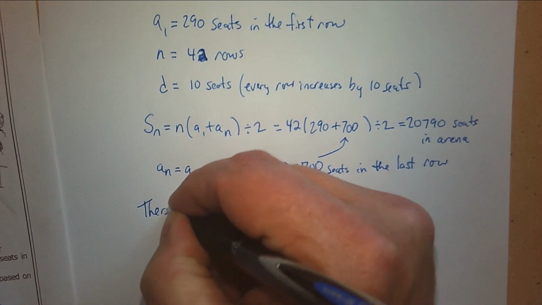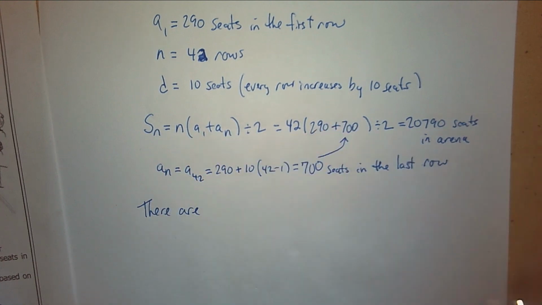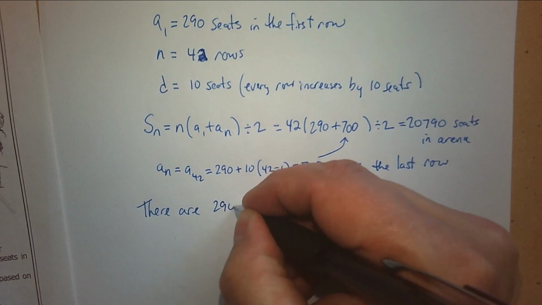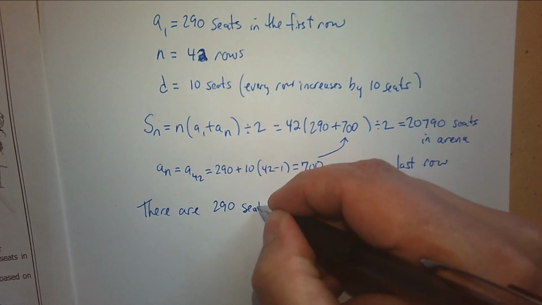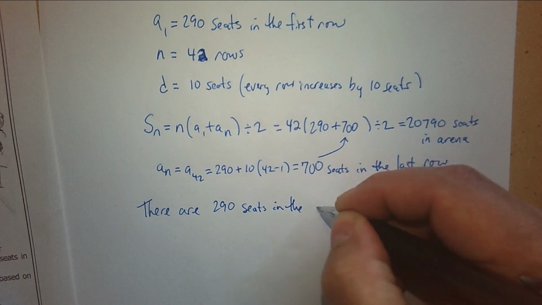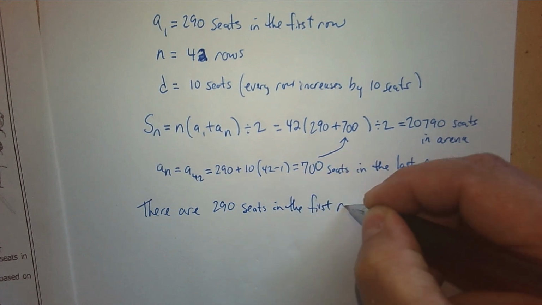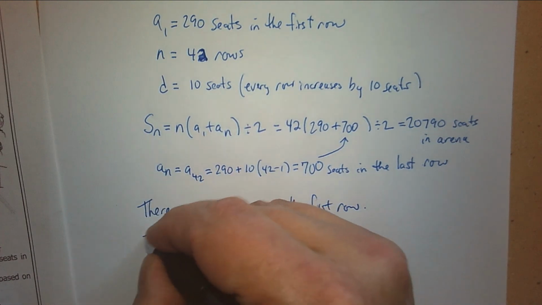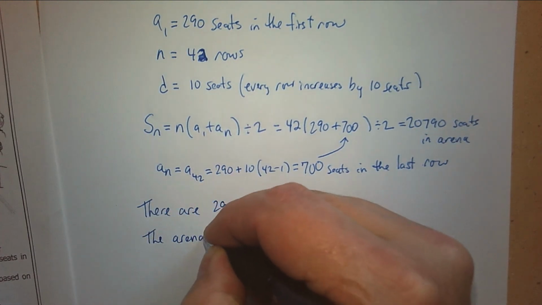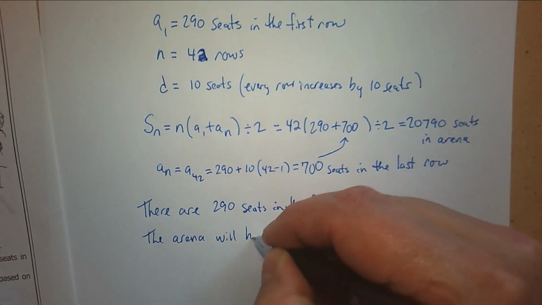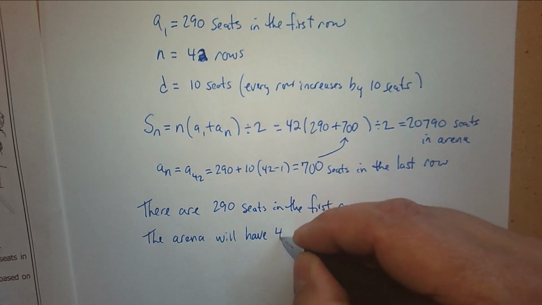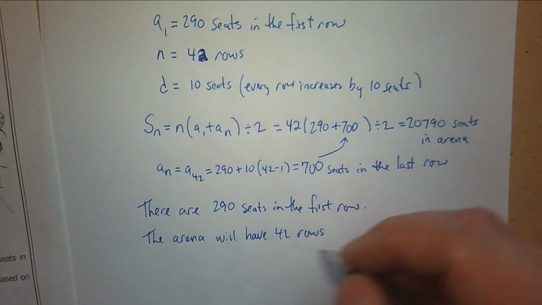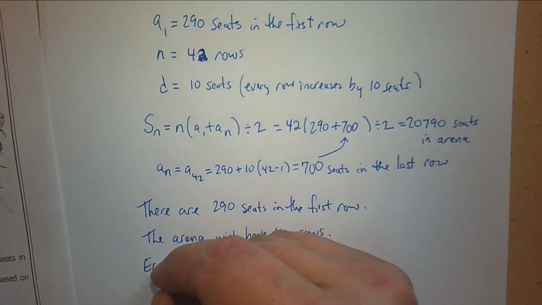There are 290 seats in the first row. The arena will have 42 rows.